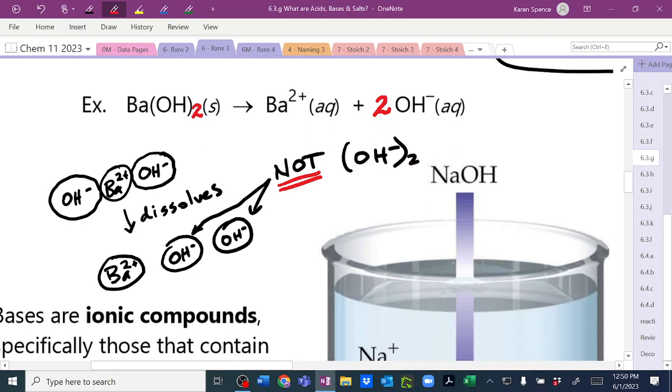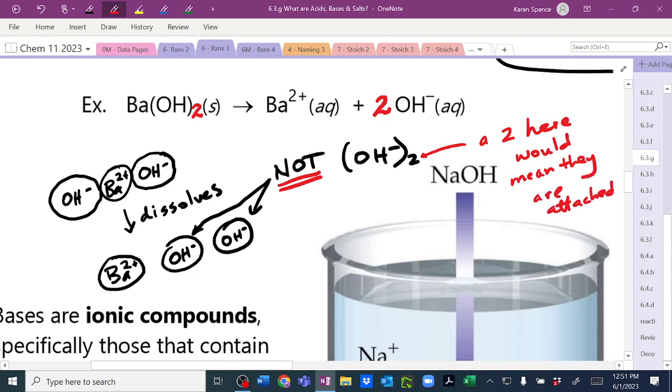When you put the 2 at the front, it means they are separate. So whenever you have a subscript and you have a dissociation, that subscript becomes the coefficient. Yeah? It's fairly straightforward, not a big deal.